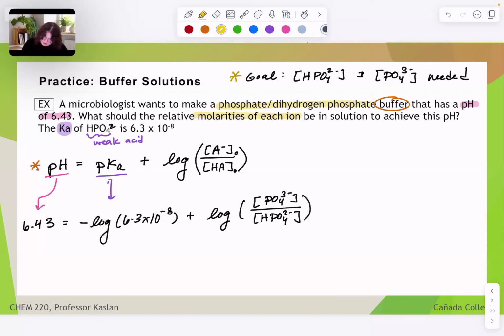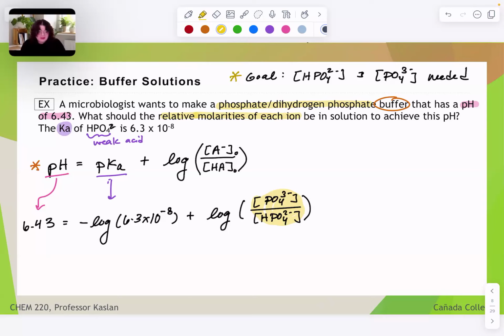And our goal is to figure out the relative molarities, meaning I need to know what this fraction is. That's a relationship. So my goal is to figure out what the value is inside this log that makes the rest of this true.